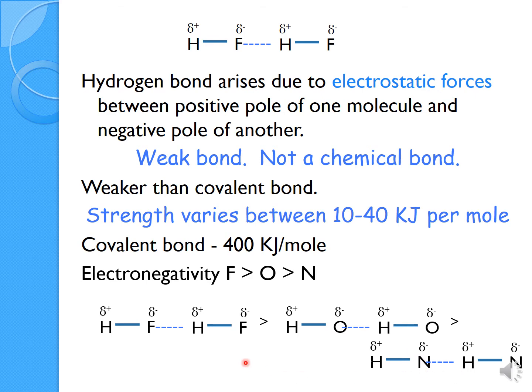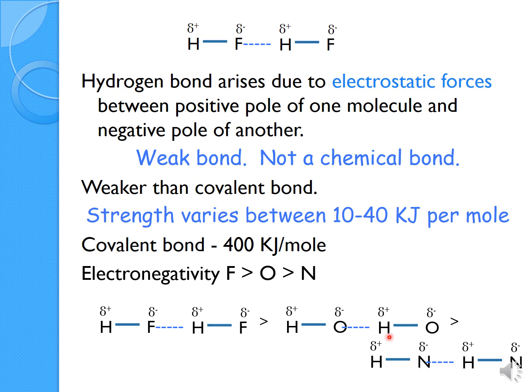Since fluorine is more electronegative, it will more strongly attract the bonded pair towards itself, so fluorine will be much more negative and hydrogen will be much more positive. So the force of attraction between this negatively charged fluorine atom and this positively charged hydrogen atom will be much more when compared to the bond between hydrogen and oxygen, and also hydrogen and nitrogen.